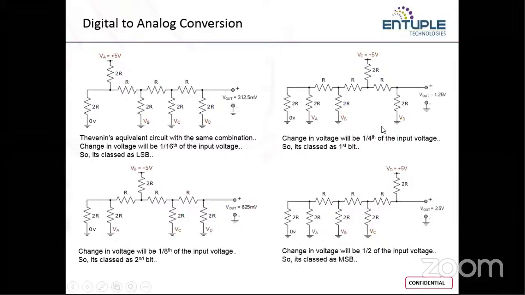If it is connected to the bit just next to the MSB, the output voltage will be 1/4 of the input voltage. And if it is connected to the MSB, the output voltage will be half that of the input voltage.